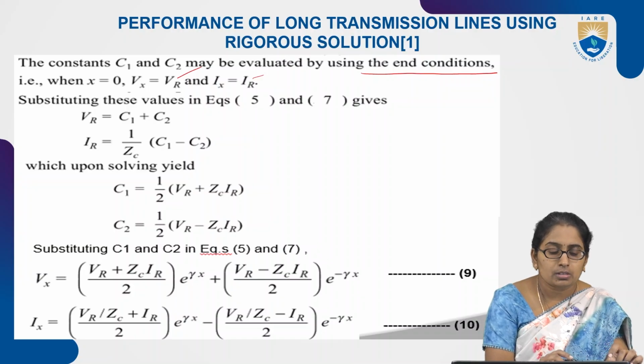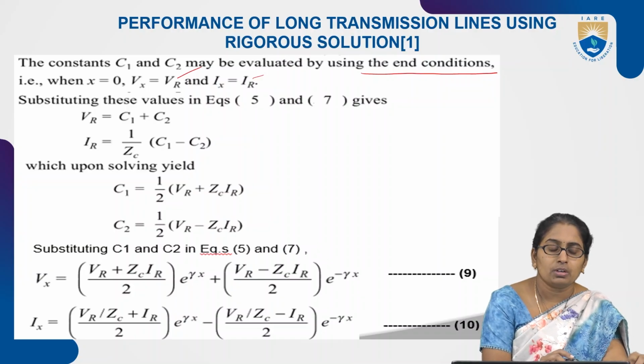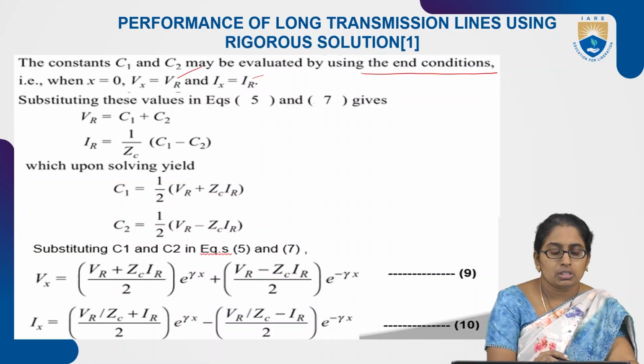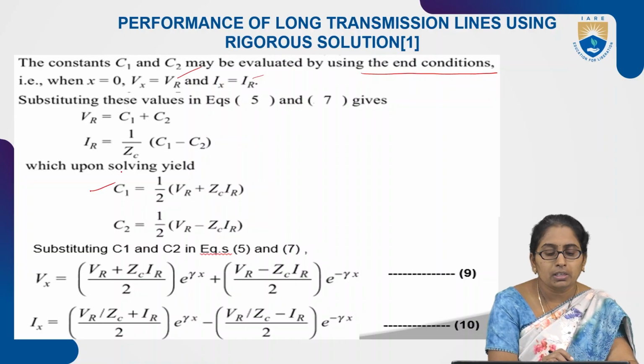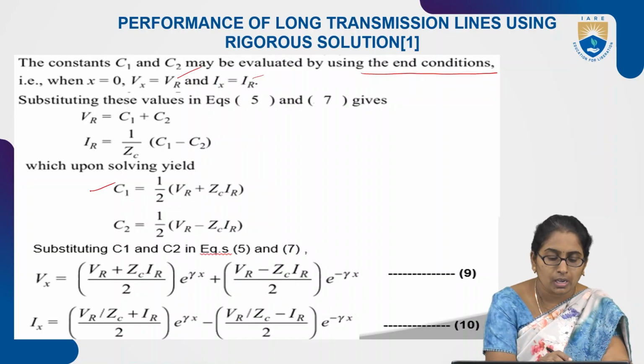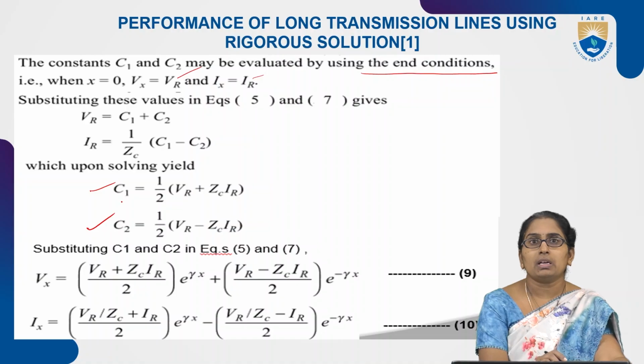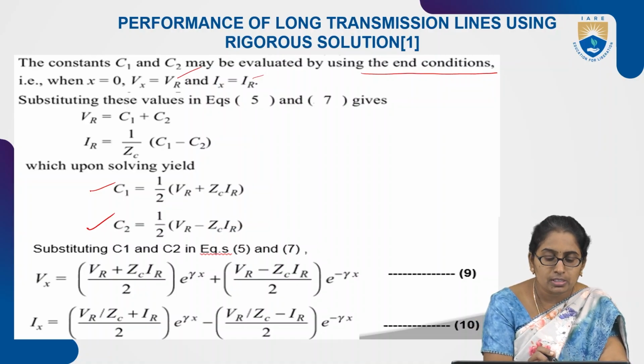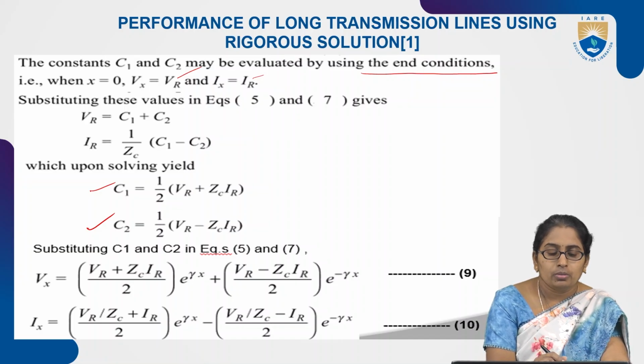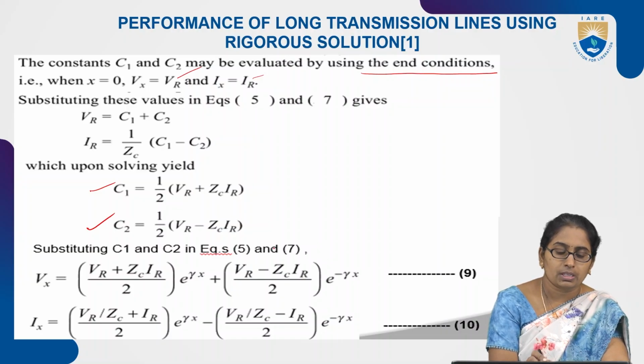Now we can solve for c1 and c2 from these two equations. After solving, c1 is obtained as 1 by 2 into VR plus ZcIR and c2 is given by 1 by 2 into VR minus ZcIR. Now substitute c1, c2 in equations 5 and 7.